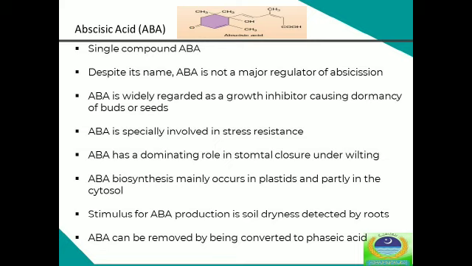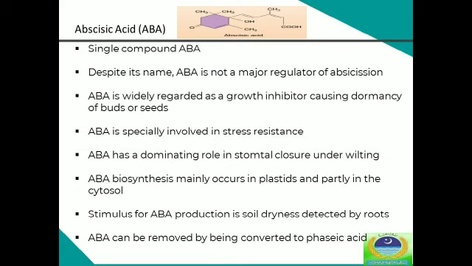Abscisic acid biosynthesis mainly occurs in plastids and partly in the cytosol. The stimulus for abscisic acid production under soil dryness condition is detected by roots. At critical moisture conditions, abscisic acid travels through the xylem to leaves where it causes stomatal closure, but leaves can also produce abscisic acid.